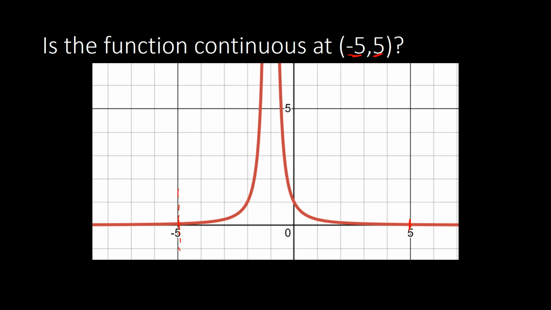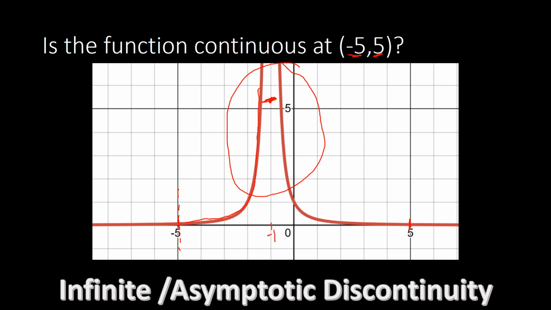Checking on the graph, if you notice, once we trace the graph here, we do not cross this particular portion of the graph where x is -1. Meaning, within this portion there is already a gap in between. Automatically, this calls for a discontinuity. This is infinite or asymptotic discontinuity.